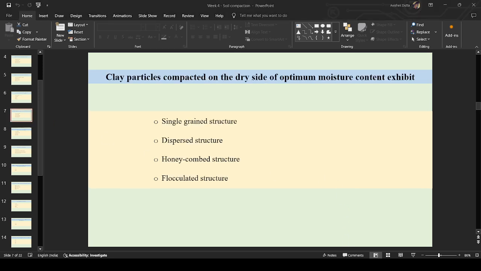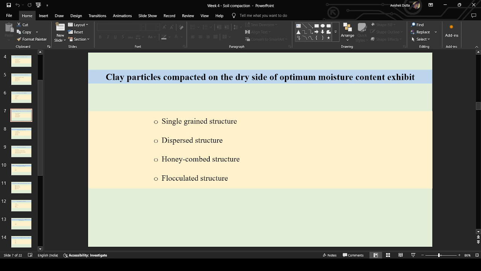Yes. Clay particles compacted on the dry side of optimum moisture content exhibit. I repeat, clay particles compacted on the dry side of optimum moisture content exhibit.